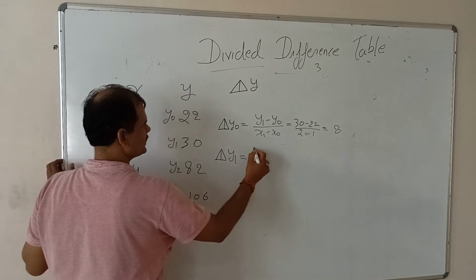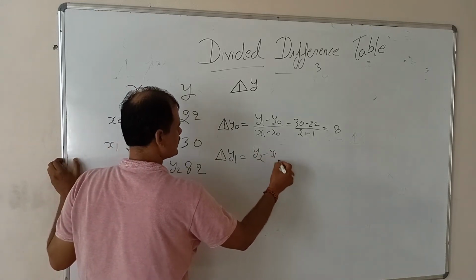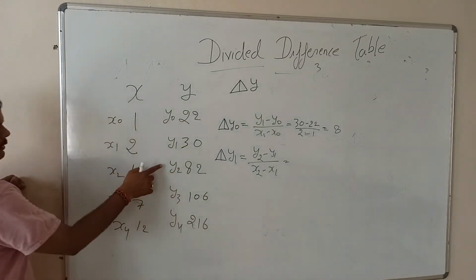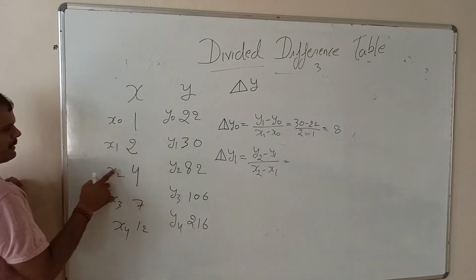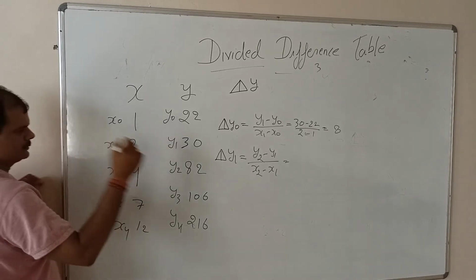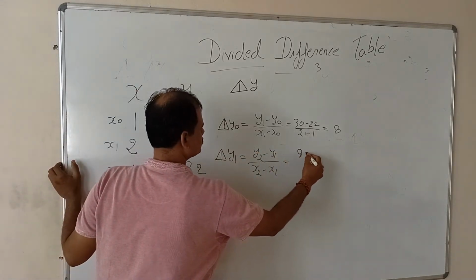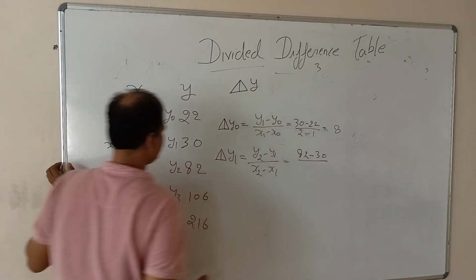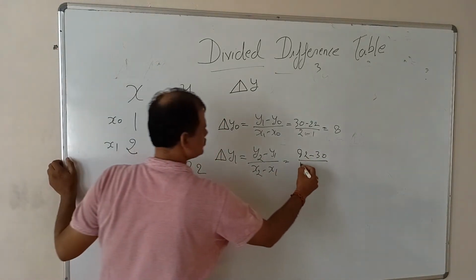So we get y2 minus y1 by x2 minus x1. So y2 equals 82 minus 30 divided by 4 minus 2. So 82 minus 30 divided by 4 minus 2.